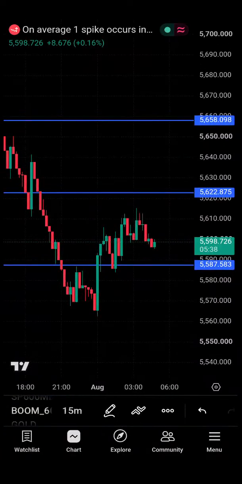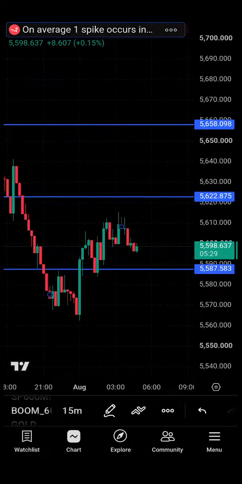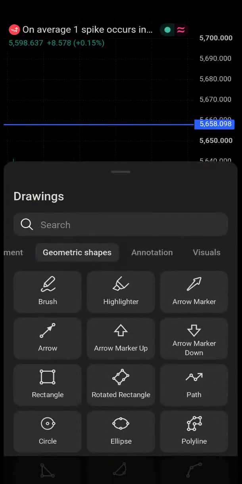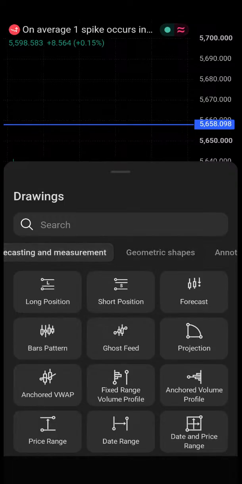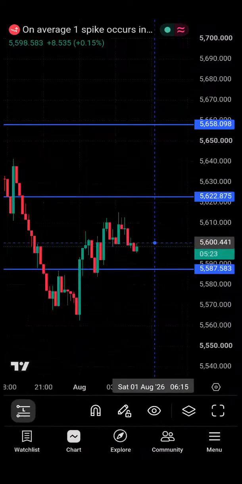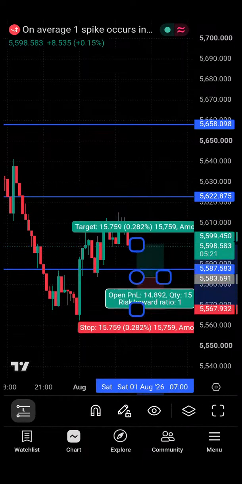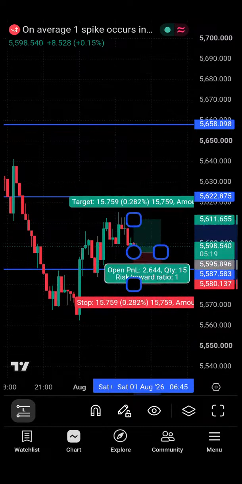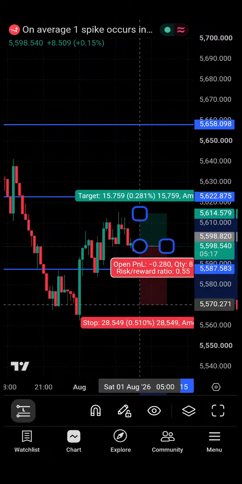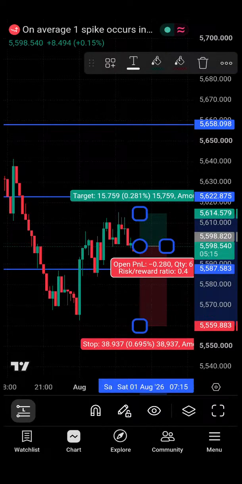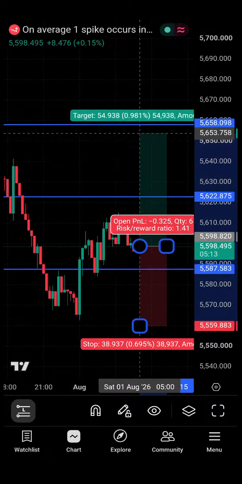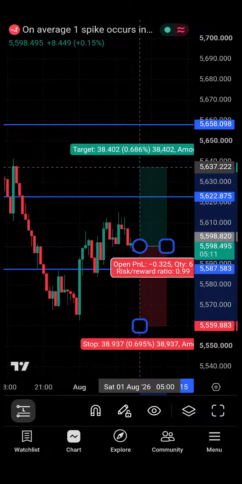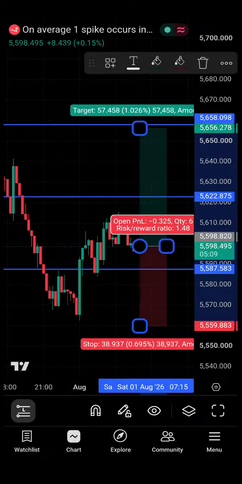So see there, you take your buy entry here, take your buy entry here, and then you place your stops here, and you target maybe this area or this area.